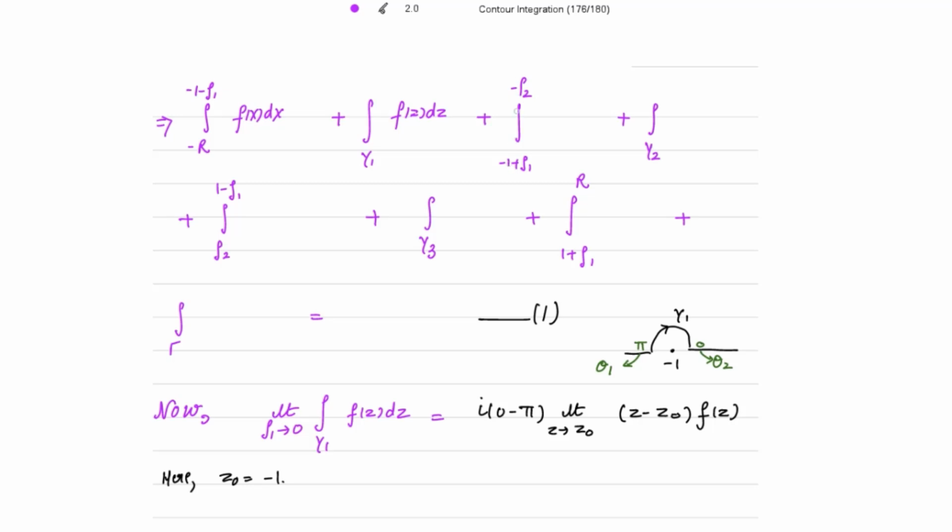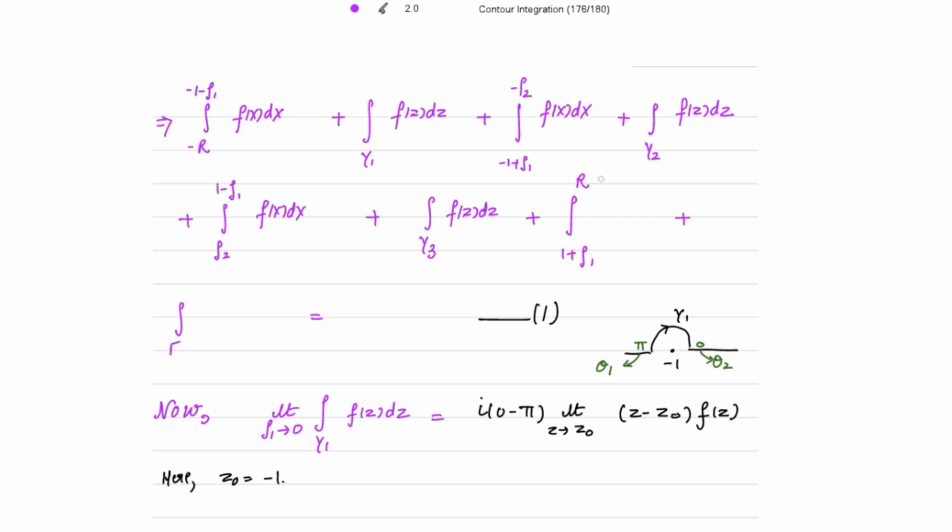Again, this is along the real axis, so this is f of x dx. For gamma 2, it is f(z) dz. Then again, this is along the real axis, so writing f(x) dx. For gamma 3 curve, this is f of z dz.